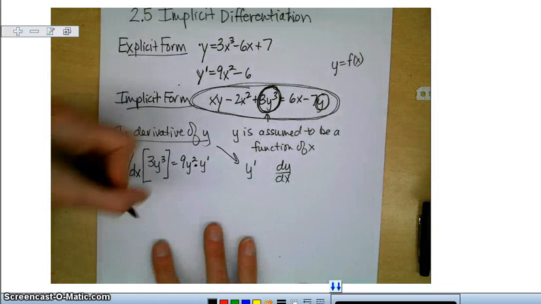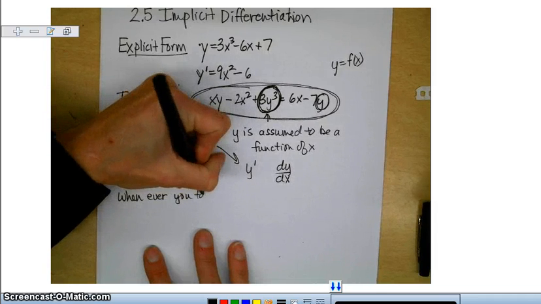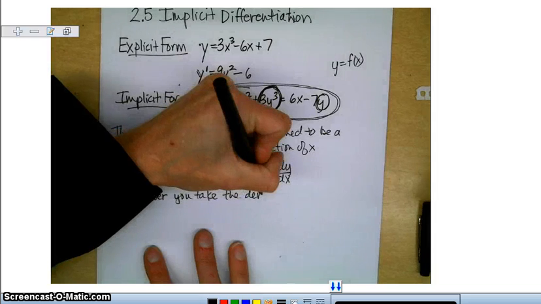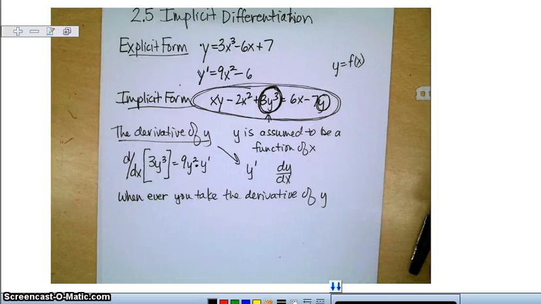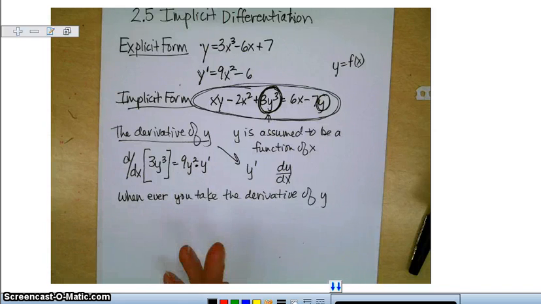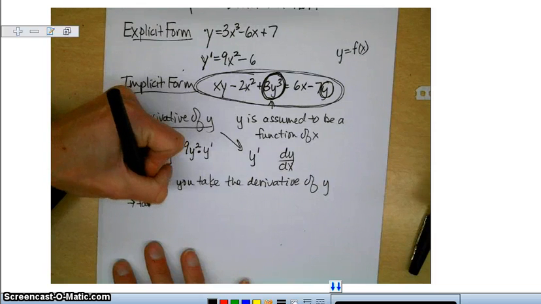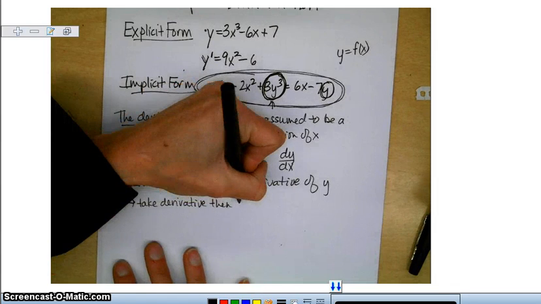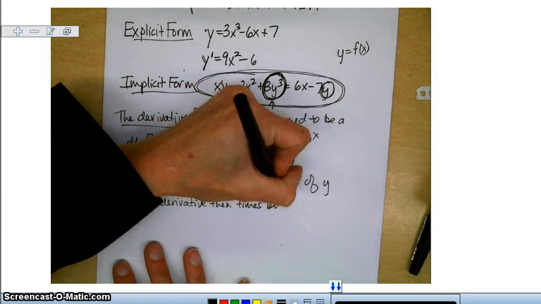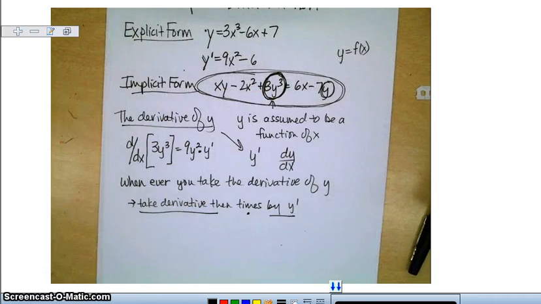Whenever you take the derivative of y, something that has y, the sine of y, the cosine of y, the secant of y, 5y cubed, anything that has a y in it, you take the derivative and then times by y prime. Take the derivative, then times by y prime.